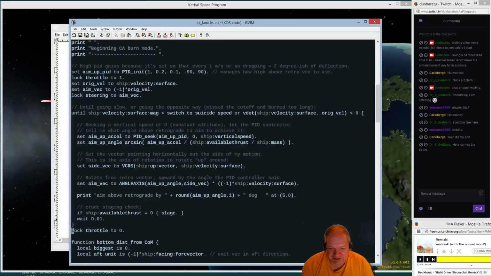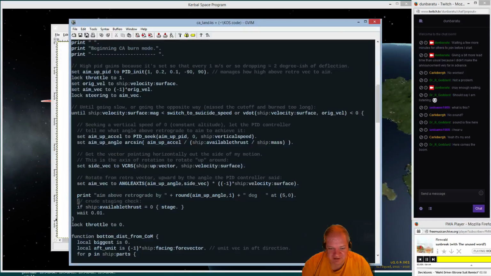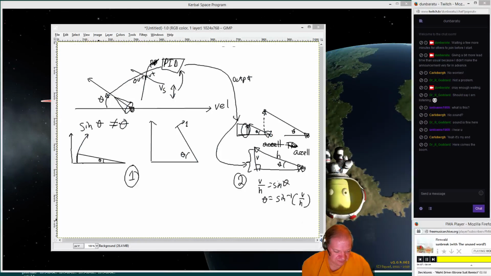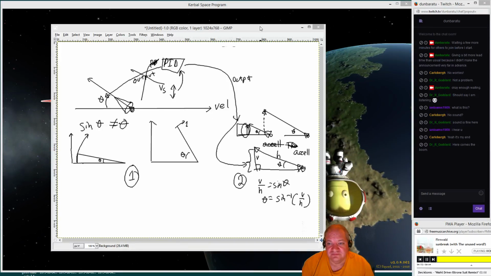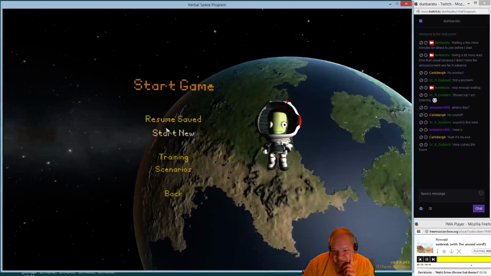Now, in addition to printing this, I will also print, actually, no, let's just leave it at that. We'll see what happens at first. If it doesn't work, I'll add more stuff to print. So let's give it a go.